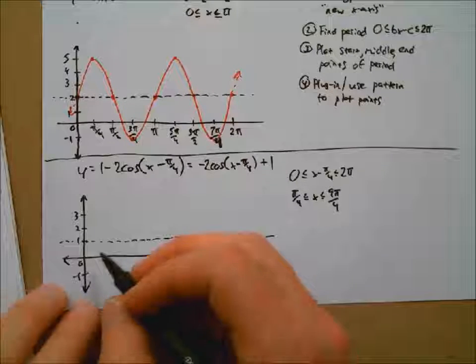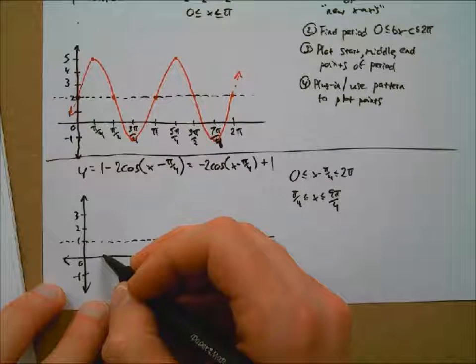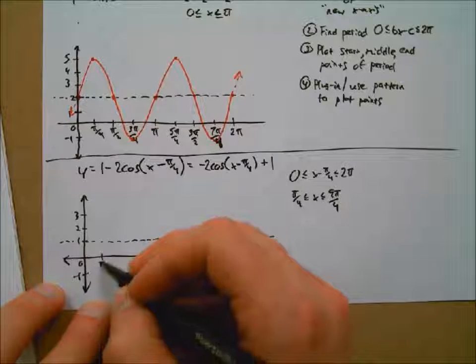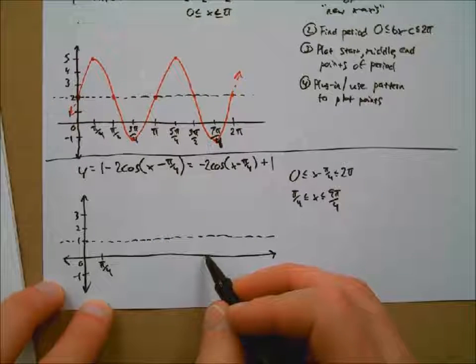Again, I'll just do one full period here. Here's pi over 4, and 9 pi over 4 goes out to here, we'll say.